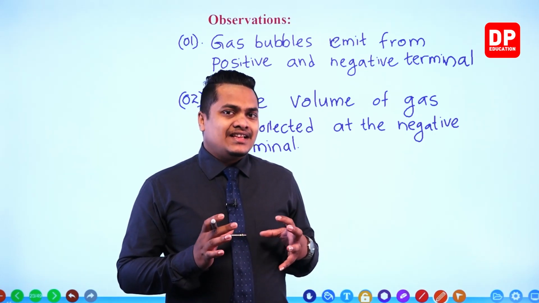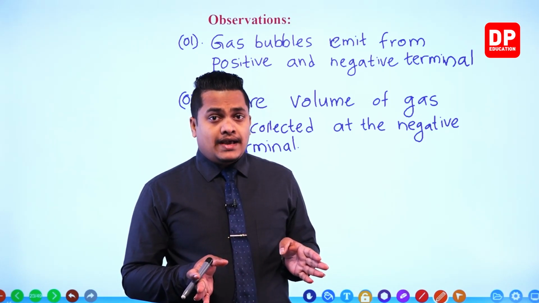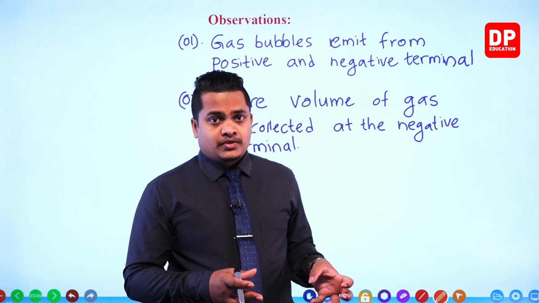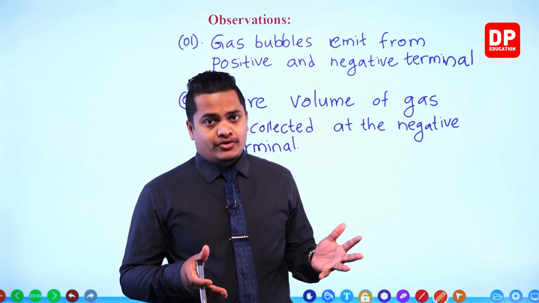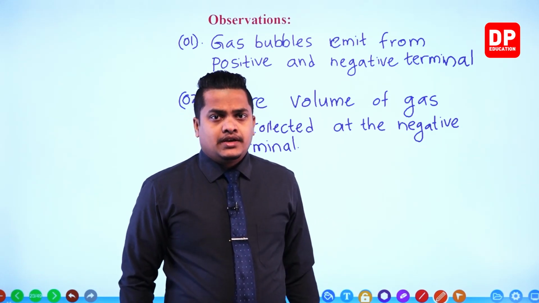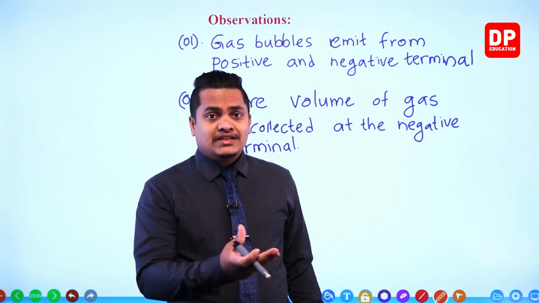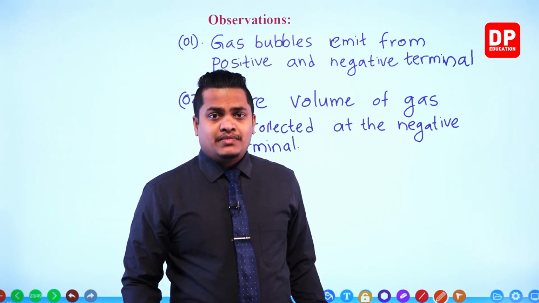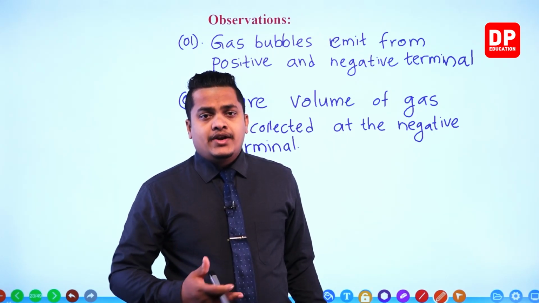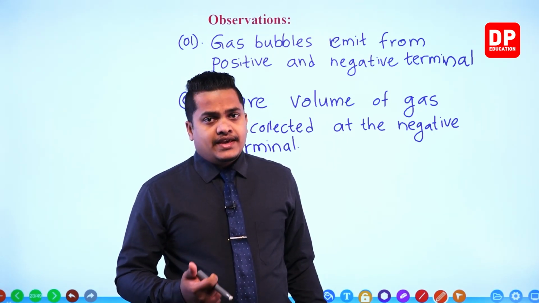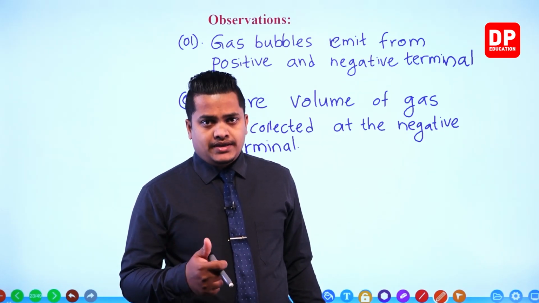So my dear children, when you are writing observations, you can't write that the gas is oxygen, or that the gas which is going to emit from the negative terminal is hydrogen. You can't write that way, because you can't directly observe whether that gas is oxygen or hydrogen, because both gases are colorless and odorless, and therefore we won't be able to identify these gases properly.